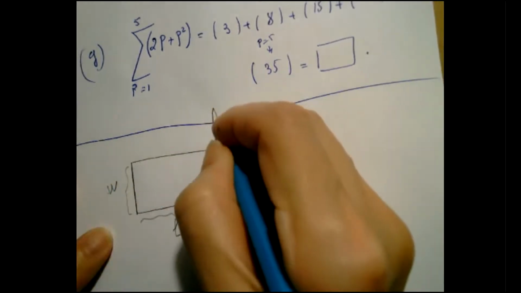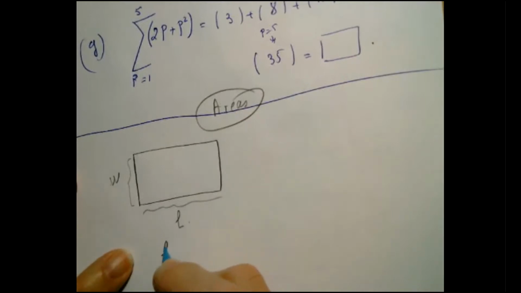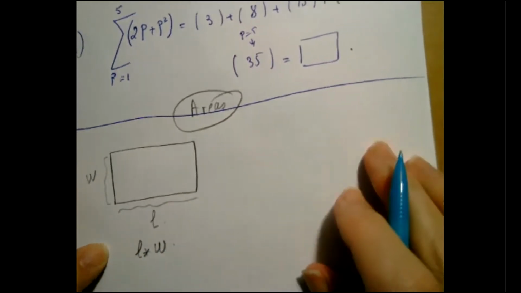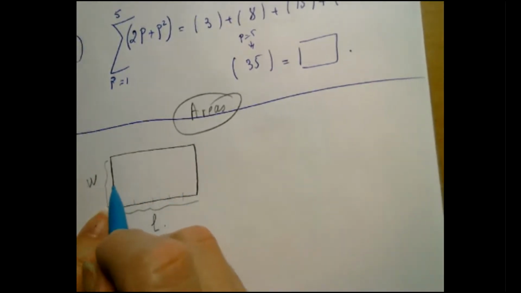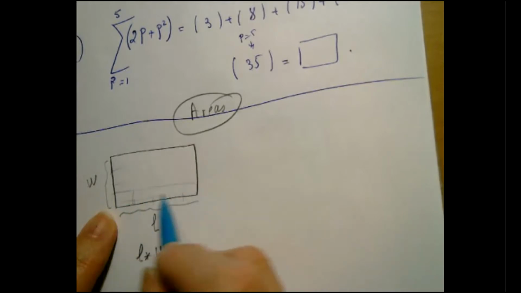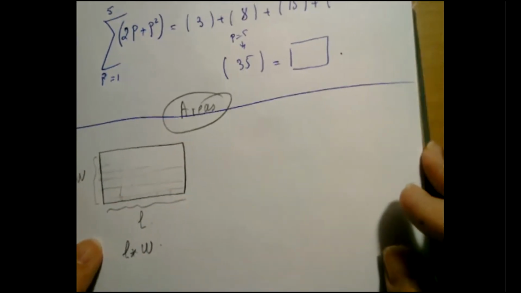That's really our problem today. Which is L, that's the length, times the width. Very good. That's the easiest one because, okay, how many units I have here, how many units I have there. So we have to multiply the number of units here by the number of units here. It gives me the length times the width.